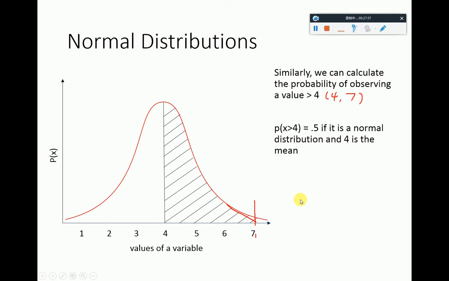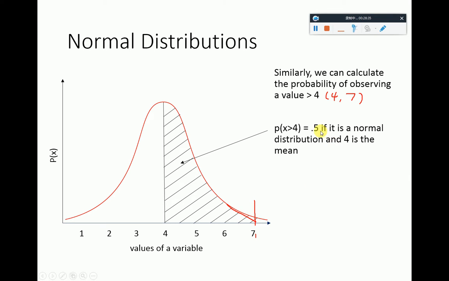It will actually be 0.5 because this is half of this bell-shaped curve. If the total area under this curve is 1, and 4 happens to be the mean, then of course the center line would divide this curve into 2 halves. And of course it will be 0.5 as the chance of observing any value that's greater than 4.